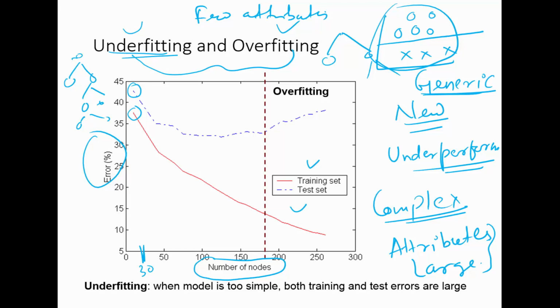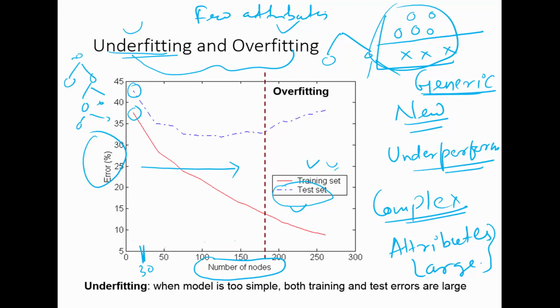But test data is completely new data. We haven't seen the class or the target variable, and that matters to us more than training, right? So we have high error in both cases, and then we increase the nodes to 50, 100, more and more.